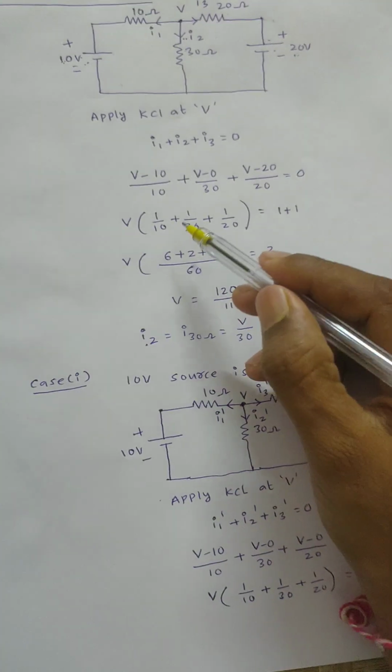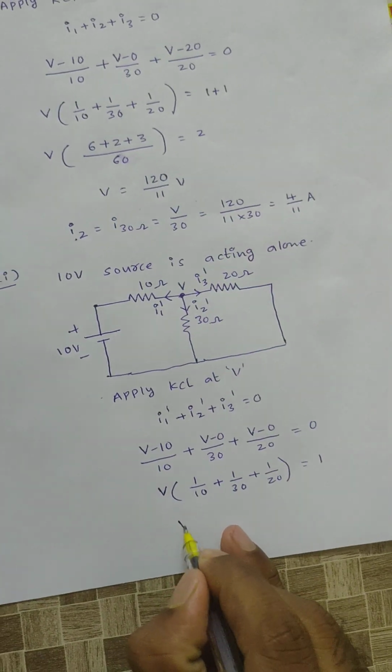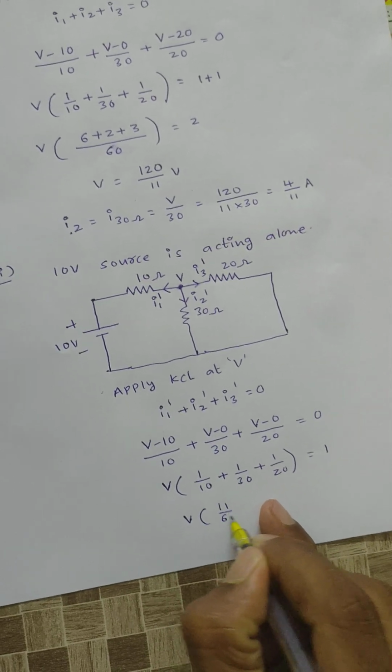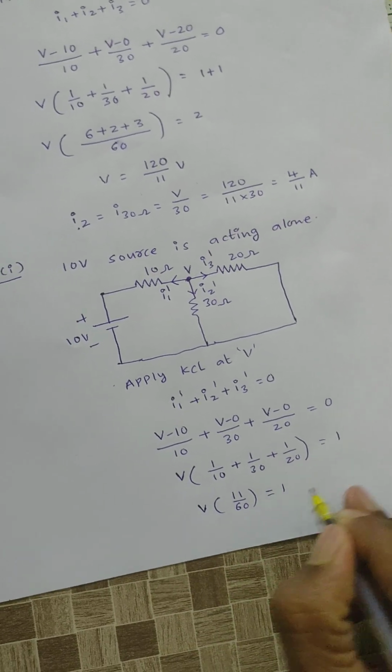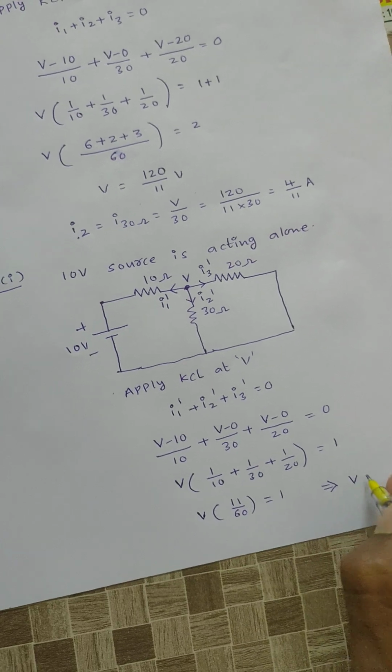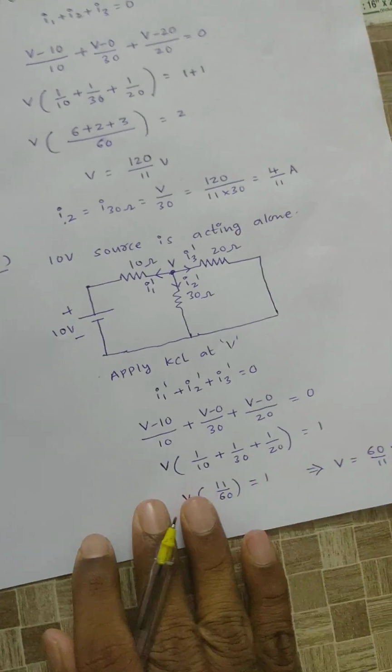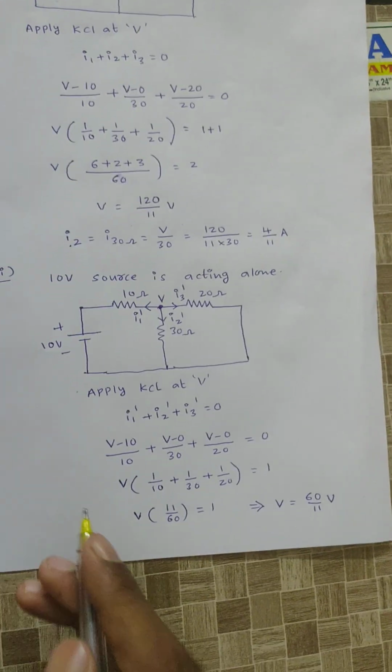Okay, already we simplified this value here. It is V into 11 by 60 is equals to 1. Then V is equals to 60 by 11 volts. Okay, right? Node voltage completed, right?